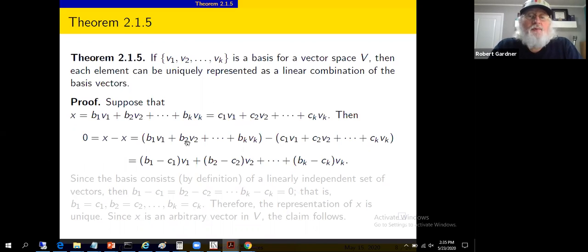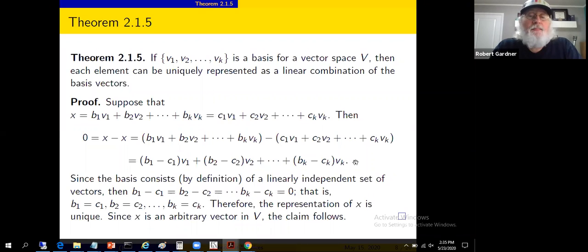Let's take one representation for x and the other representation for x in that difference. Use your properties of vector addition, scalar multiplication, distribution, all that stuff. And we can collect together the v1. It has a b1 minus c1 coefficient. Vector v2 has a b2 minus c2 coefficient, and so forth.